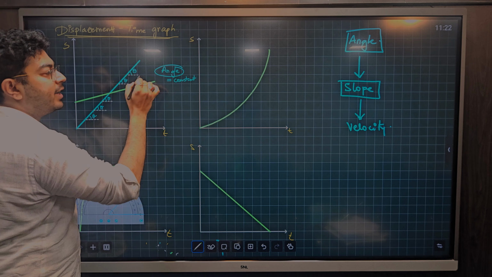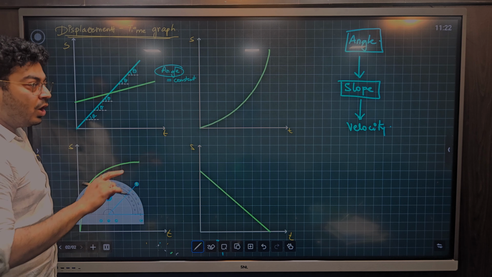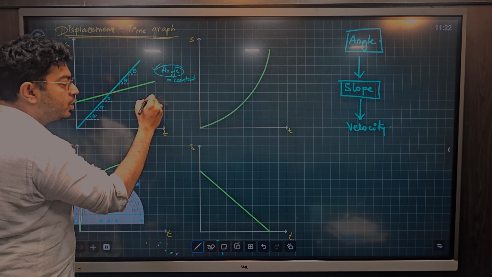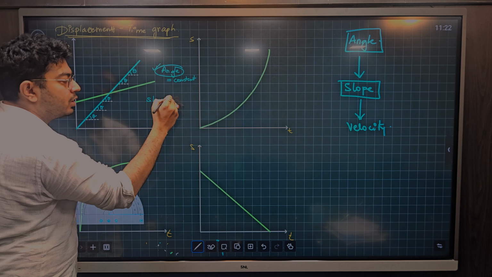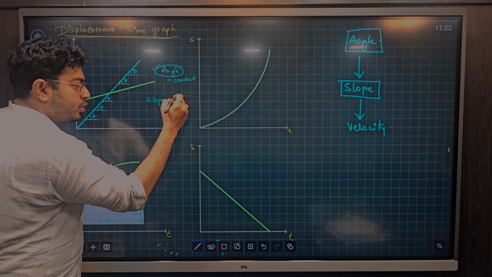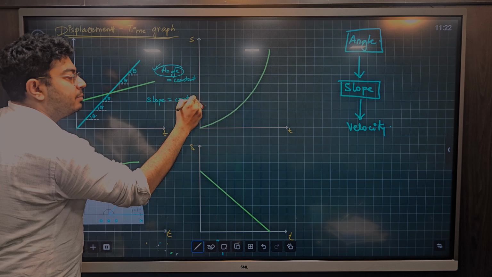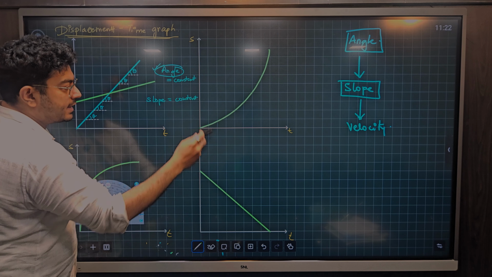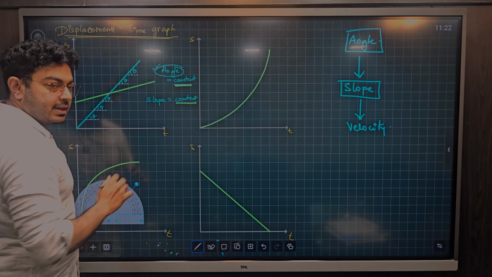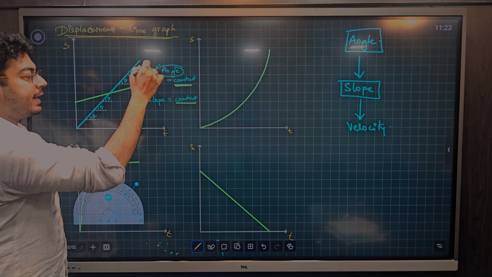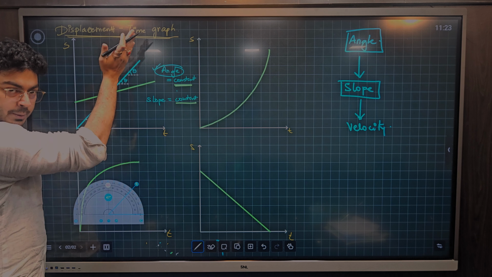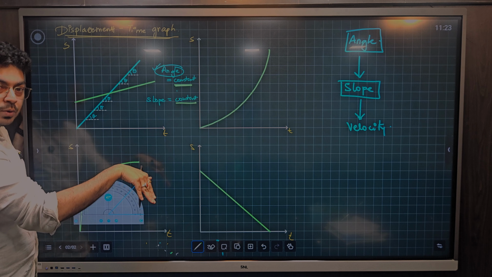So the first thing we have found out is the angle. Now whatever the angle is, that is representing what? Slope. So tell me, what about the slope? Slope is constant. Slope is also going to be constant. Why? Because the angle is constant. So the slope is also constant. Is it clear? Now tell me, angle constant, slope constant. What type of slope is this? Positive slope or downward slope?